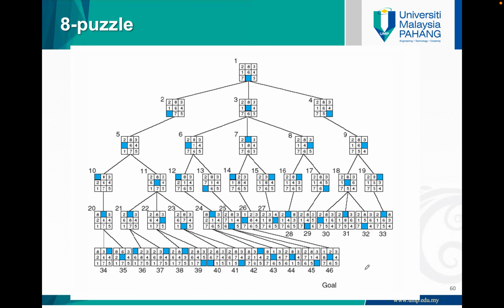Given the following state space, give the sequence of visited nodes when using DLS, limit is 2. Limit 2 means there are 2 levels.